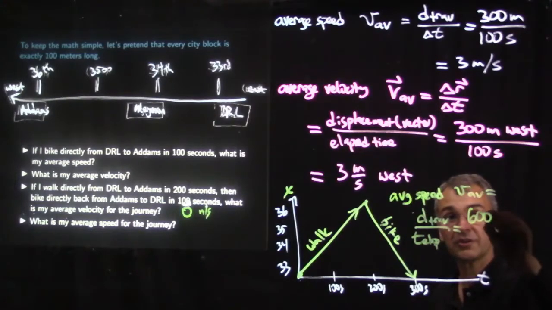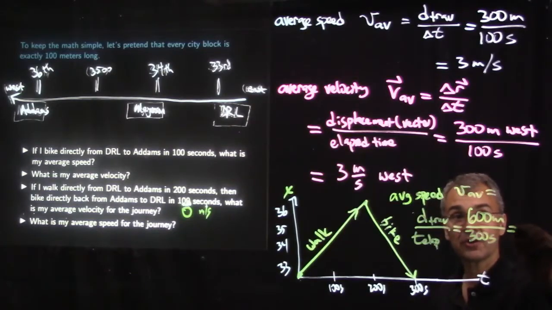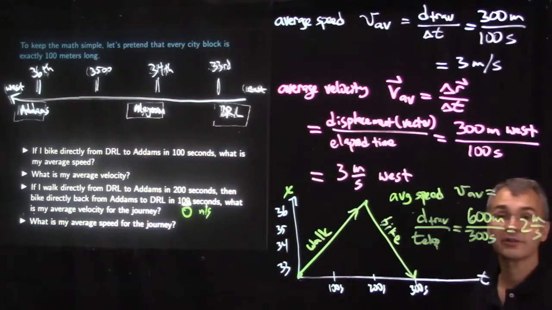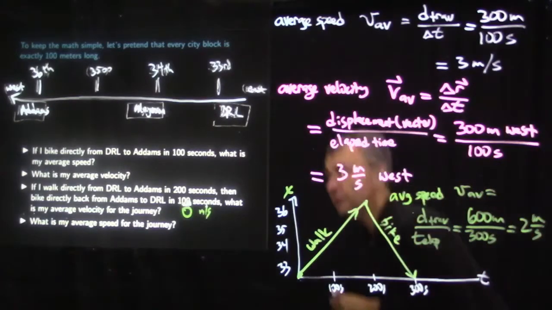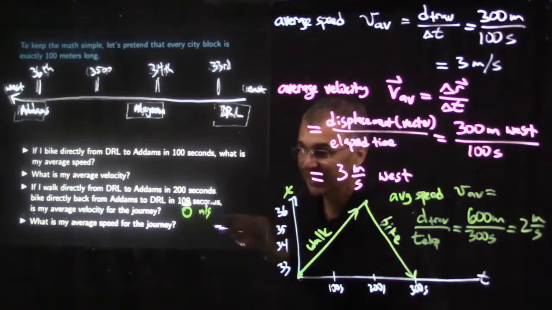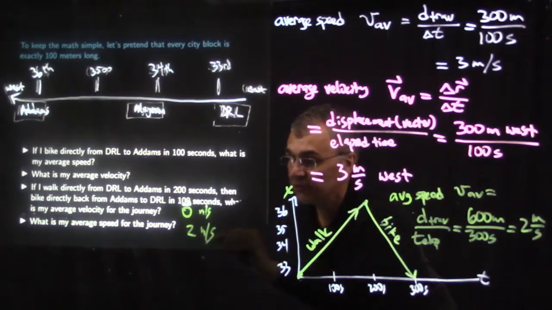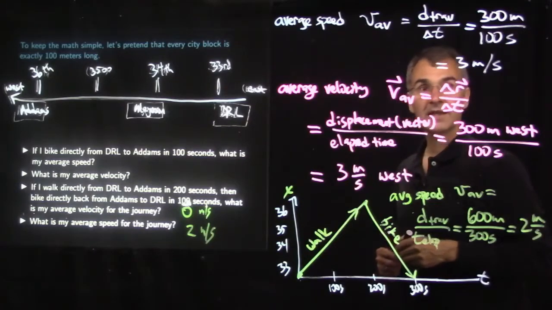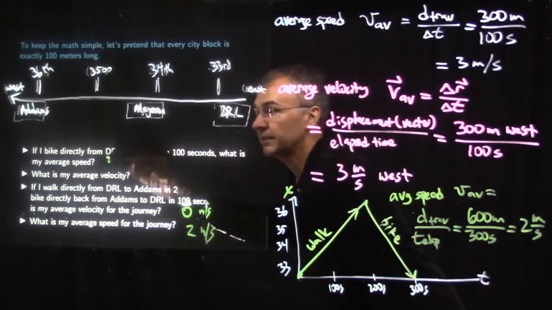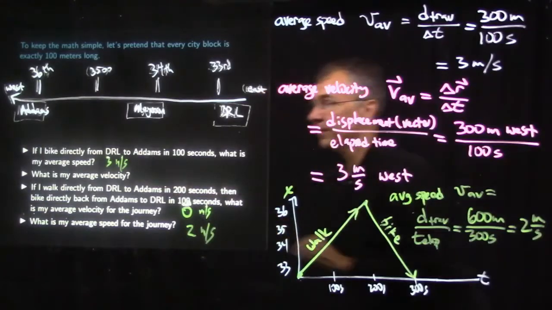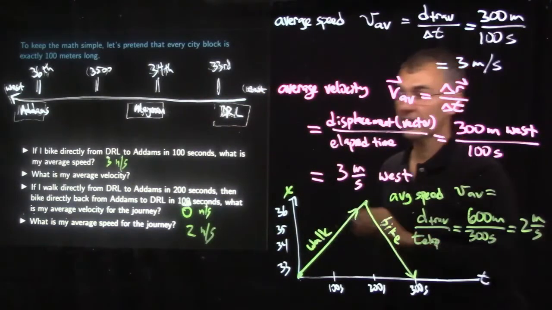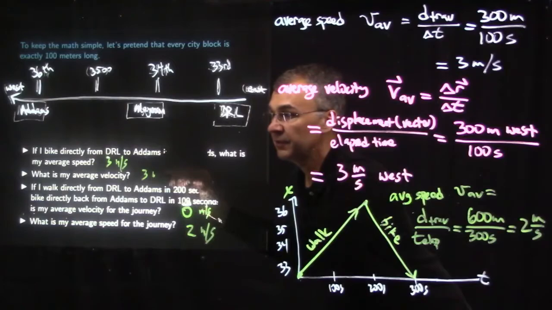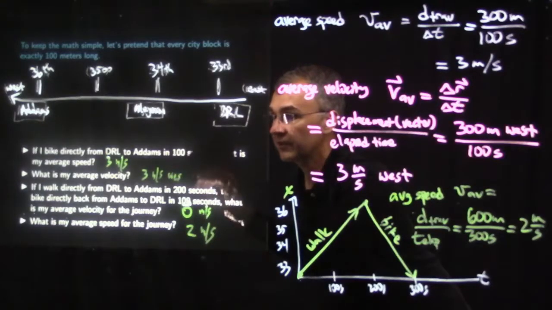So it's 600 meters in 300 seconds, which is 2 meters per second. So my average speed for this journey is 2 meters per second. In this case, I guess I had 3 meters per second. And in this case, it was 3 meters per second west.